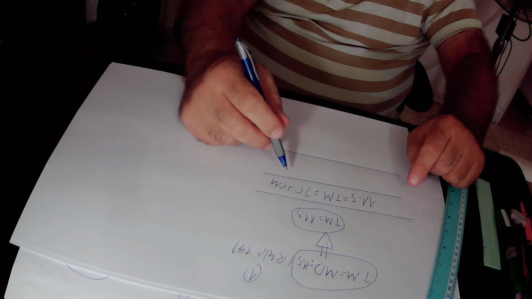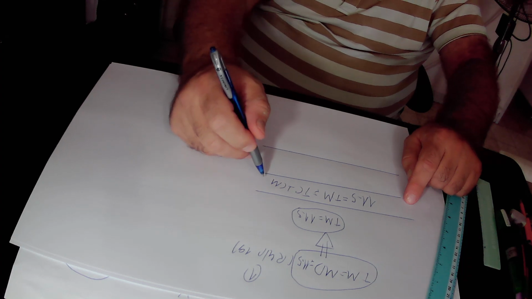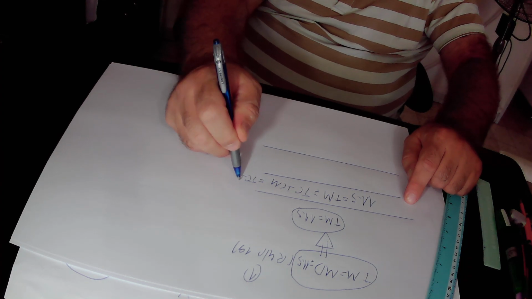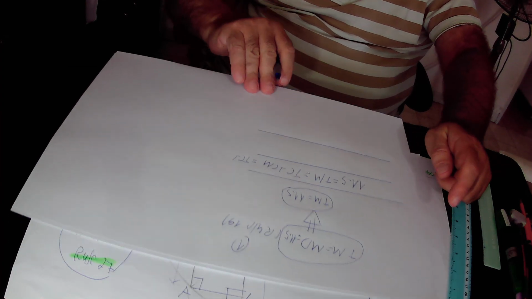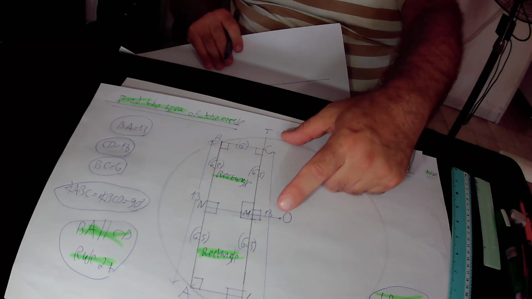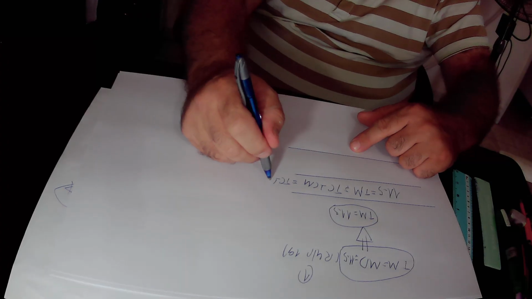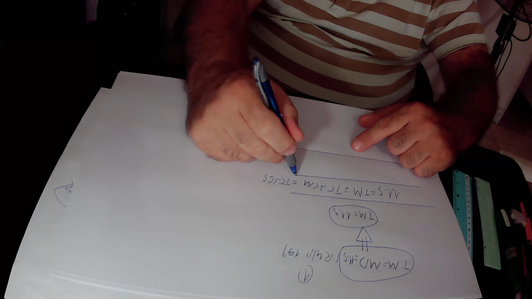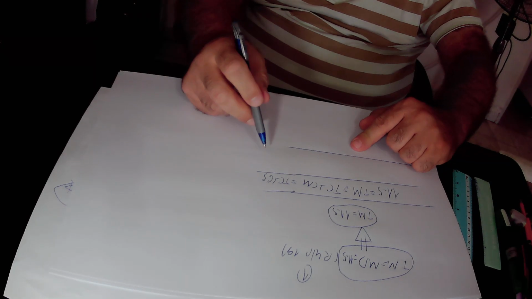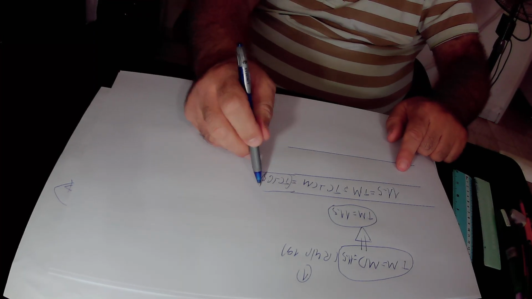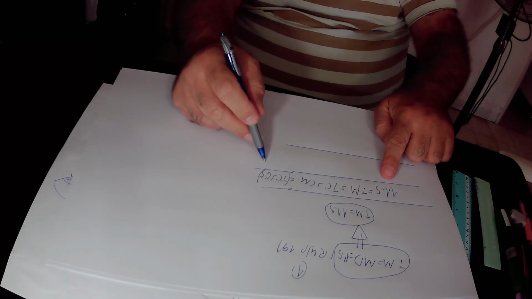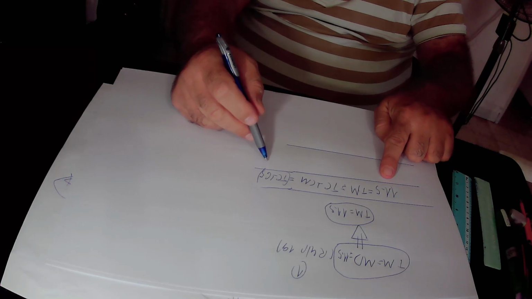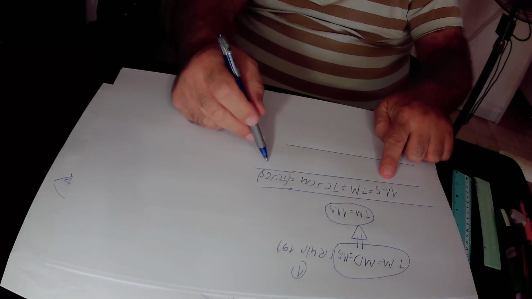TC is the missing side, plus CM. CM is 6.5. And from this equation, we will derive that 11.5 equals TC plus 6.5.